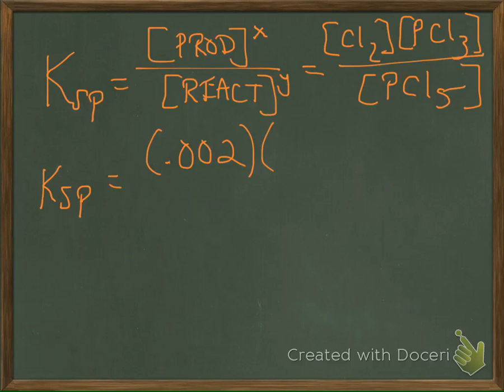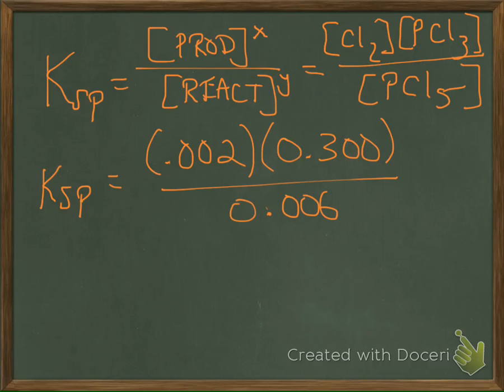For PCl3, that was 0.300. And for PCl5, it is 0.0067. And when we multiply and divide, we get a value of 8.96 times 10 to the negative second with no units.